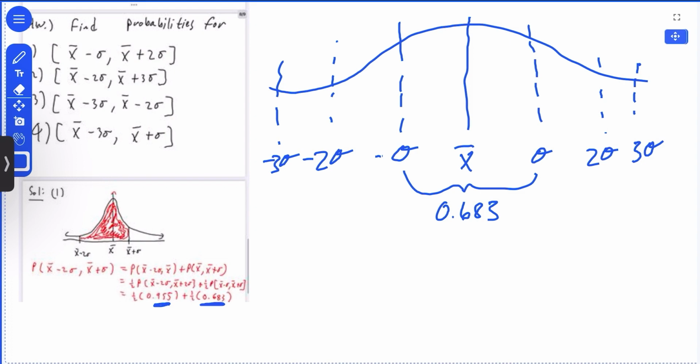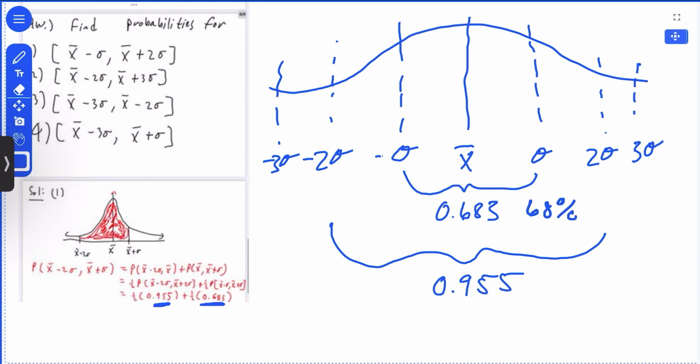So about 68%. Now within two standard deviations, there's around 0.955. Typically what we say is 68% and 95%, but y'all are getting a little bit more specific right here with it.